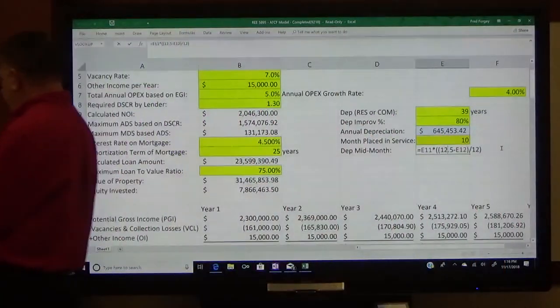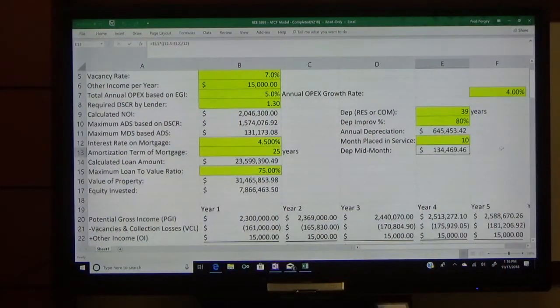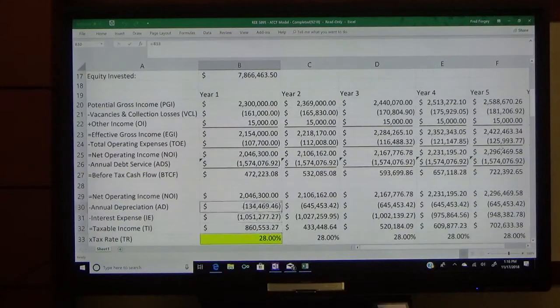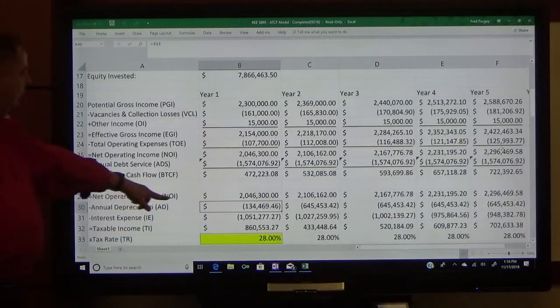That number should match roughly close. Actually, yeah, it does: 134,469. Okay, are we good? So that will be your number for the depreciation for the first year for the property.